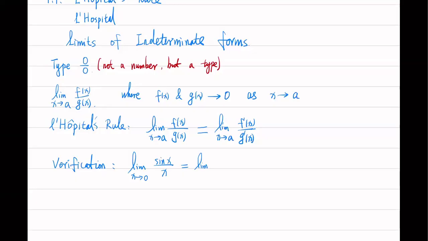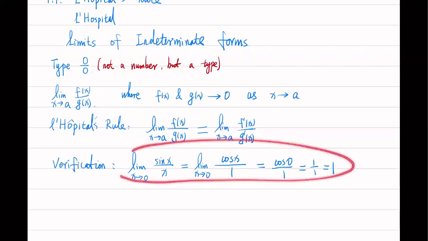First, what's the type of this limit? All right, so we can apply the L'Hopital's rule. Cosine x over 1. Now we can plug in, so it will be cosine 0 over 1, which is 1. Again, this is not how we initially found the limit.